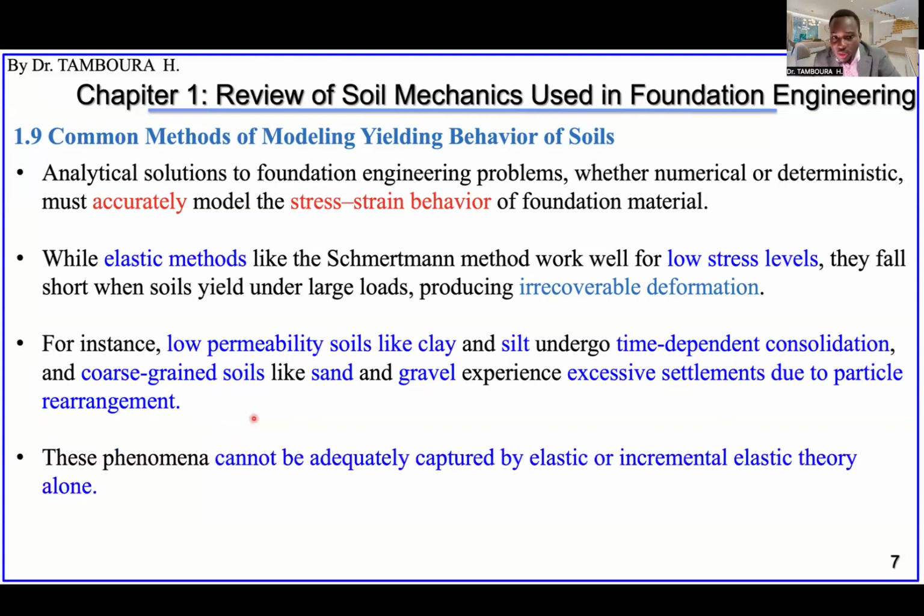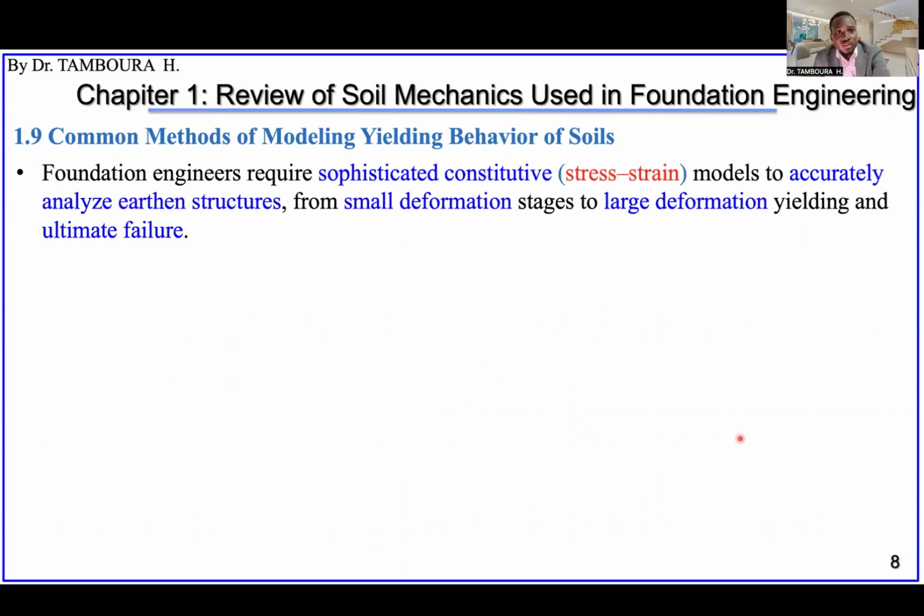So these phenomena cannot be adequately captured by elastic or incremental elastic behavior alone. This kind of soil behavior, the elastic method cannot help us here. That is the problem. So we need a sophisticated constitutive model.